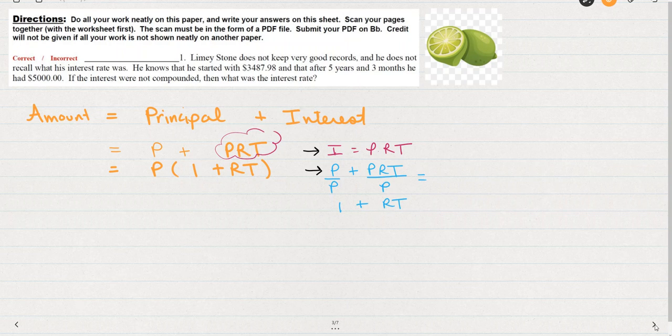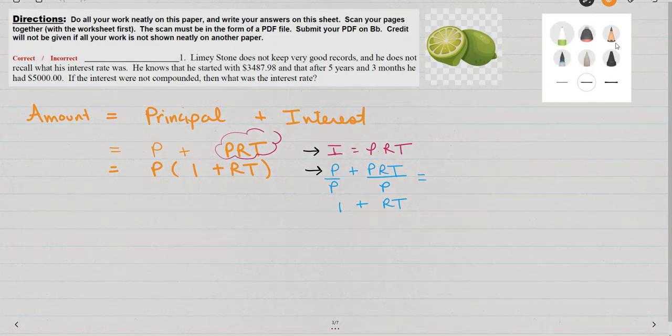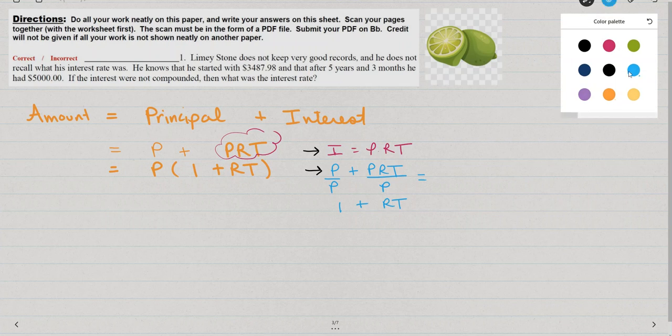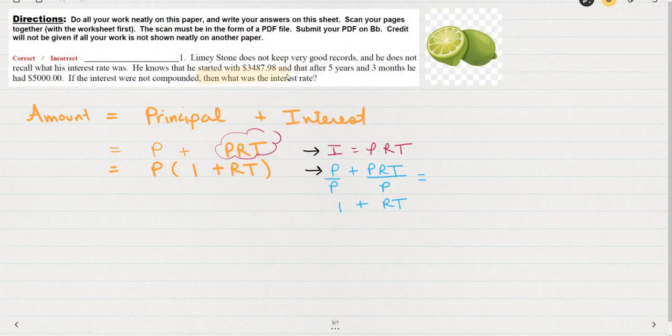Right now, just using Polya's problem-solving skills, it's important to be able to read this question and understand it, which means getting to the bottom of what exactly is being asked. So what are we trying to do? You could jump to the question and see that the question is, what was the interest rate?